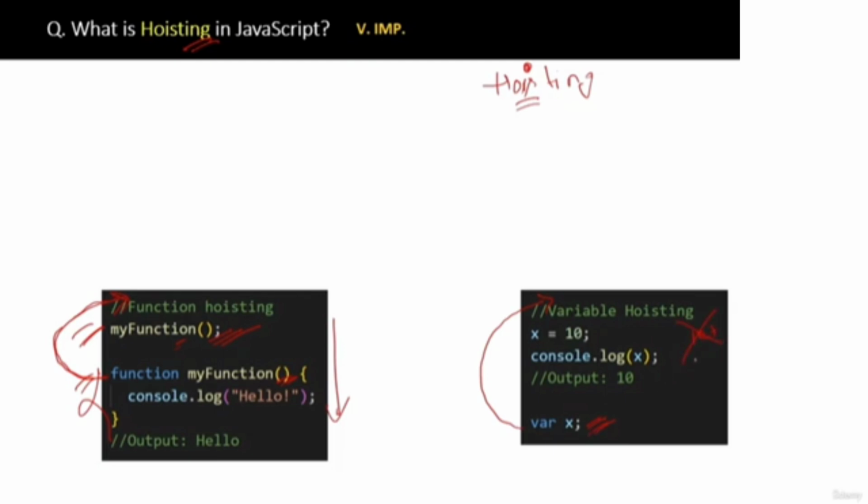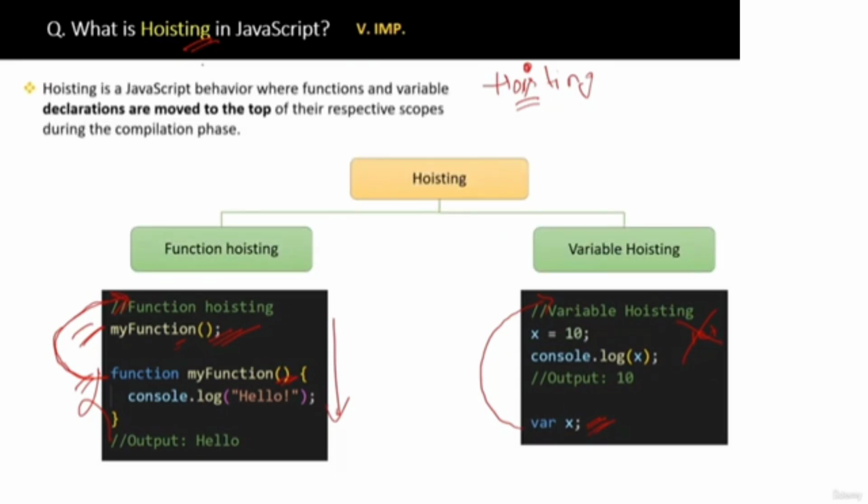So you can try and see the difference. Finally, the definition of hoisting is: hoisting is a JavaScript behavior where function and variable declarations are moved to the top of their respective scope, remember, during the compilation phase, okay? I already explained scope in the previous question. That is the answer to this question.